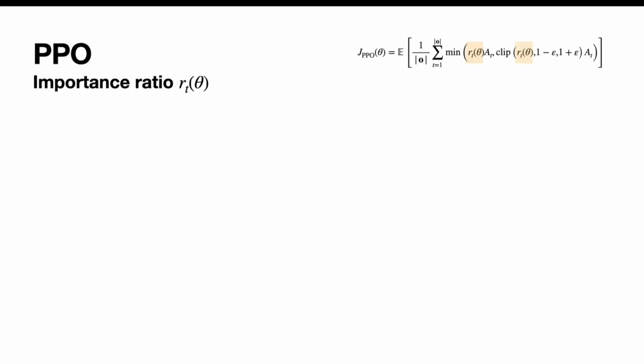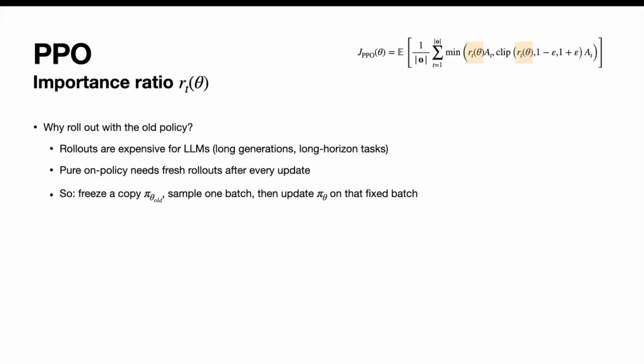So, why do we generate the rollout using the old policy instead of the current policy? Well, the reason is efficiency. In pure on-policy training, every time the policy changes, we will need to generate fresh rollouts from the new policy. But for large language models, rollout generation is expensive, especially for long answers or long horizon tasks.